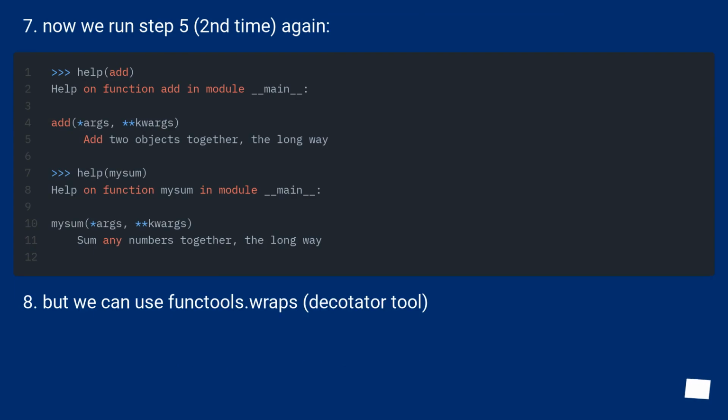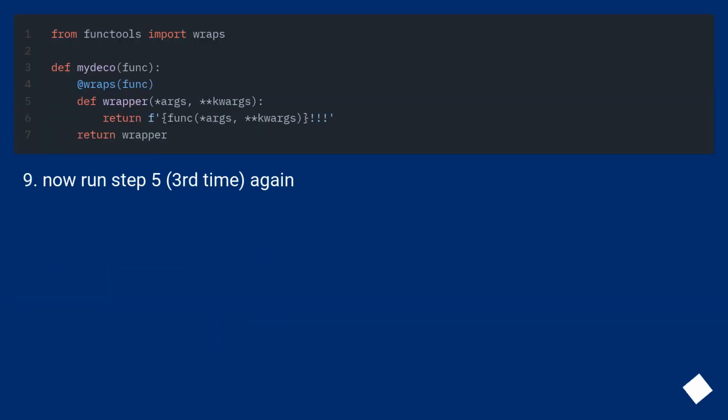Now we run step 5, second time, again. But we can use functools.wraps, the decorator tool. Now run step 5, third time, again.